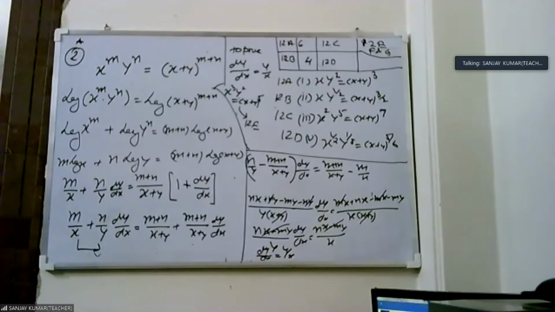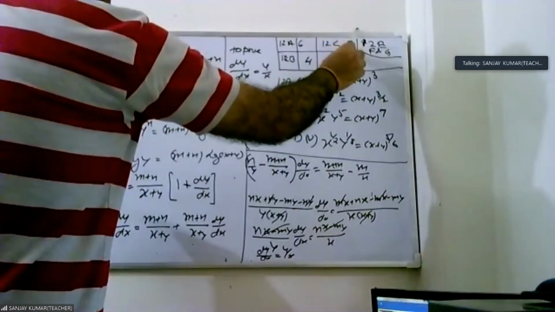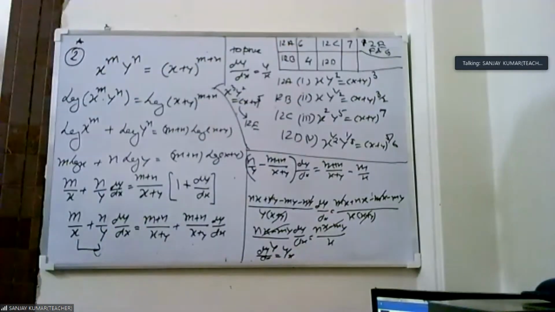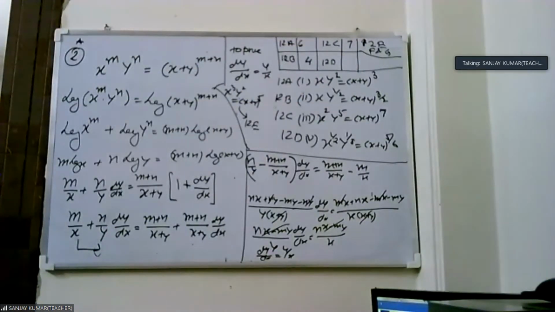Seven. Okay, then 12C is 7, the entries from 12C. Please, beta, when you cooperate with us, then the classes are successful. Please continue. This is a very, very important topic, the topic of calculus. What happened today?